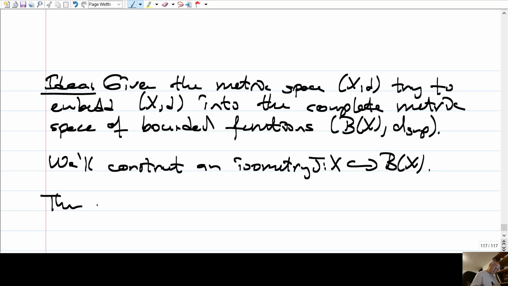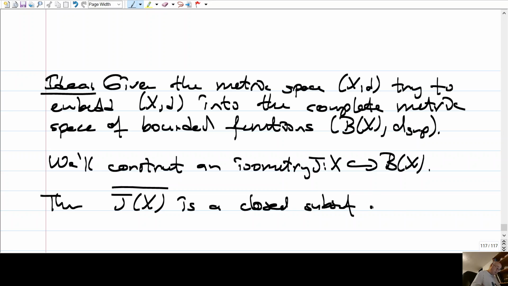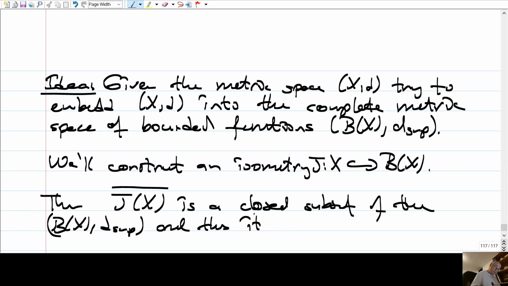Then we will let X tilde be the closure of the image. So the image will be a subspace of this, and if I take its closure in this metric space, it is a closed subset of the complete metric space B(X) with the supremum metric, and thus this thing will be complete.